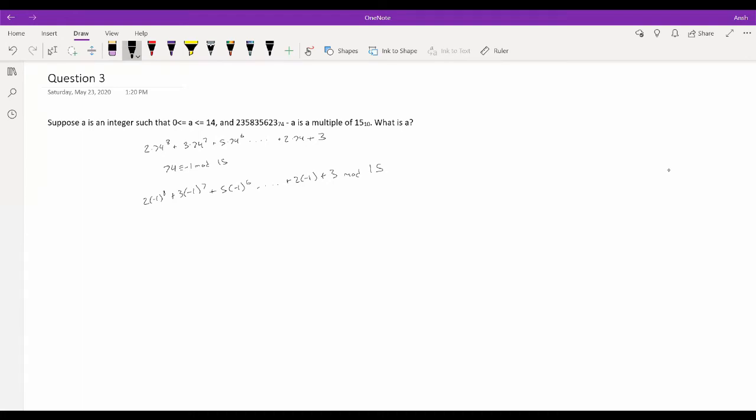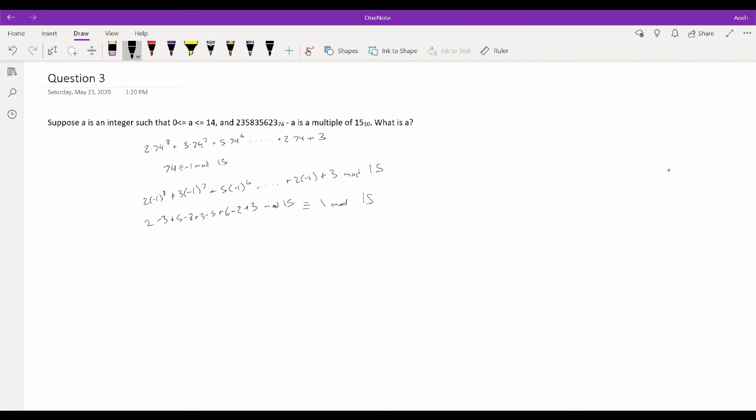So what this boils down to is 2 minus 3 plus 5 minus 8 plus 3 minus 5 plus 6 minus 2 plus 3. And if you sum these together, 2 minus 3 is -1, plus 5 is 4, minus 8 is -4, plus 3 is -1, minus 5 is -6, plus 6 is 0, minus 2 is -2, plus 3 is 1. So this would just be 1 in mod 15.